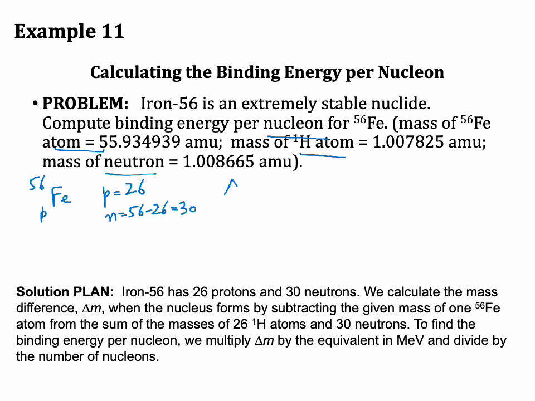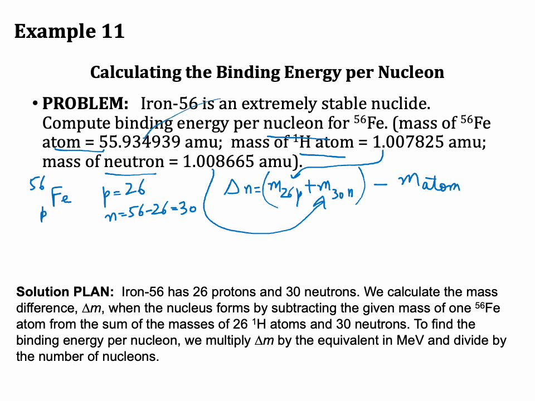So my delta M will be mass of 26 protons plus mass of 30 neutrons added together minus mass of atom. So you take 26 times this, 30 times this, and then minus this right there.